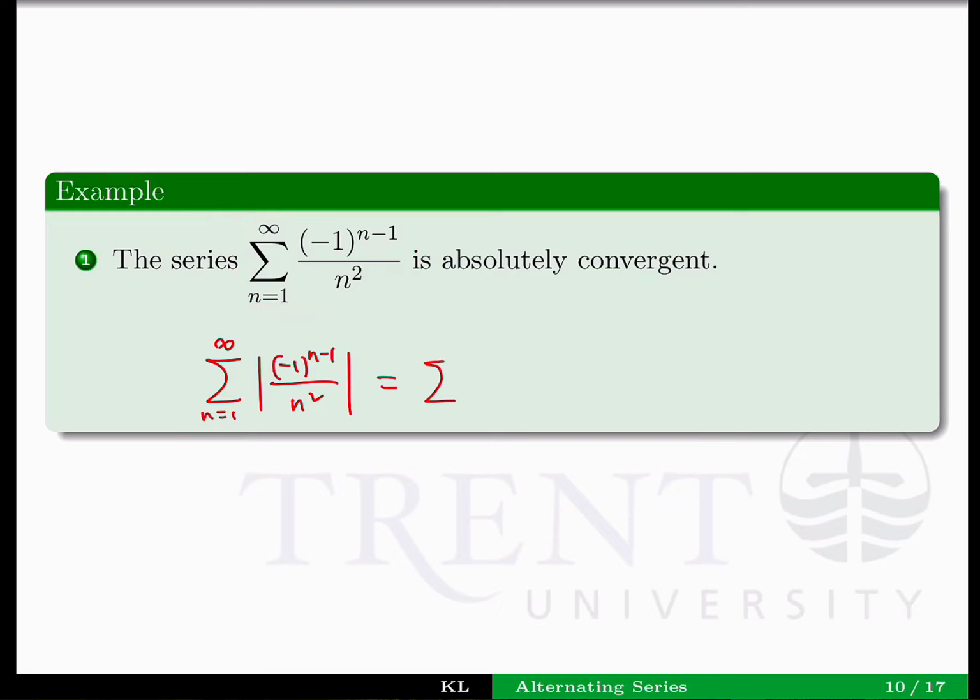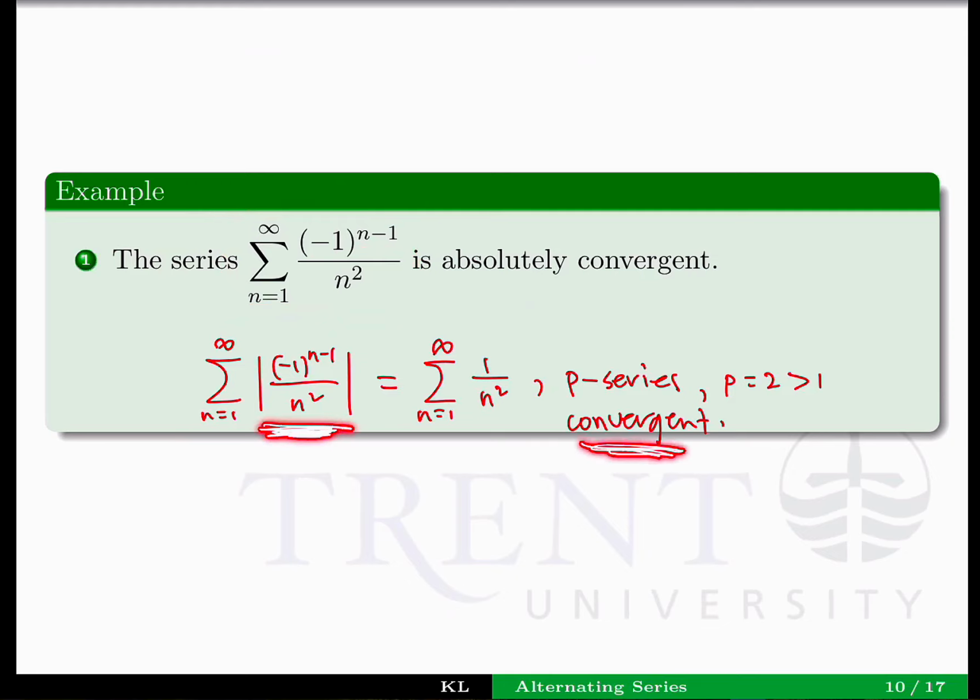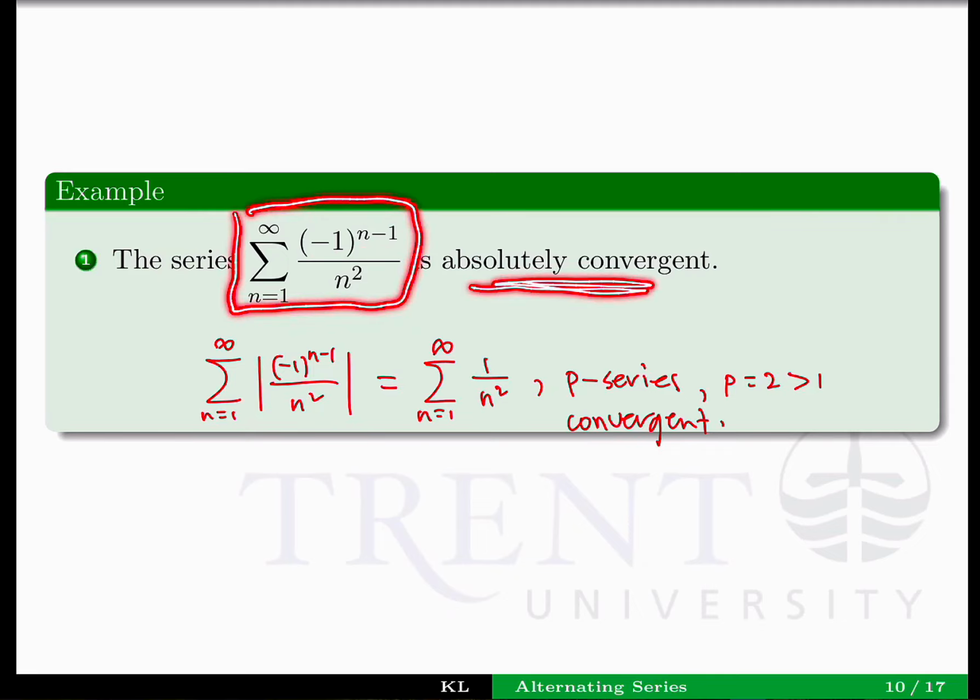So this is 1 over n squared, from 1 up to plus infinity. And this is a p-series with p equals 2, which is greater than 1, and this is convergent. So the sum with the absolute values is convergent. If you remove the absolute values, you get the original series, and we say it is absolutely convergent.